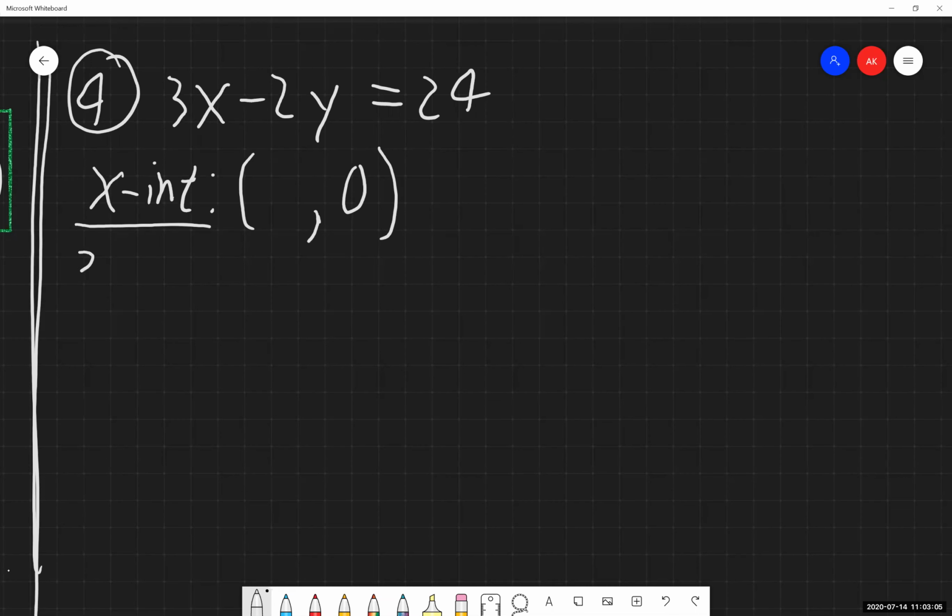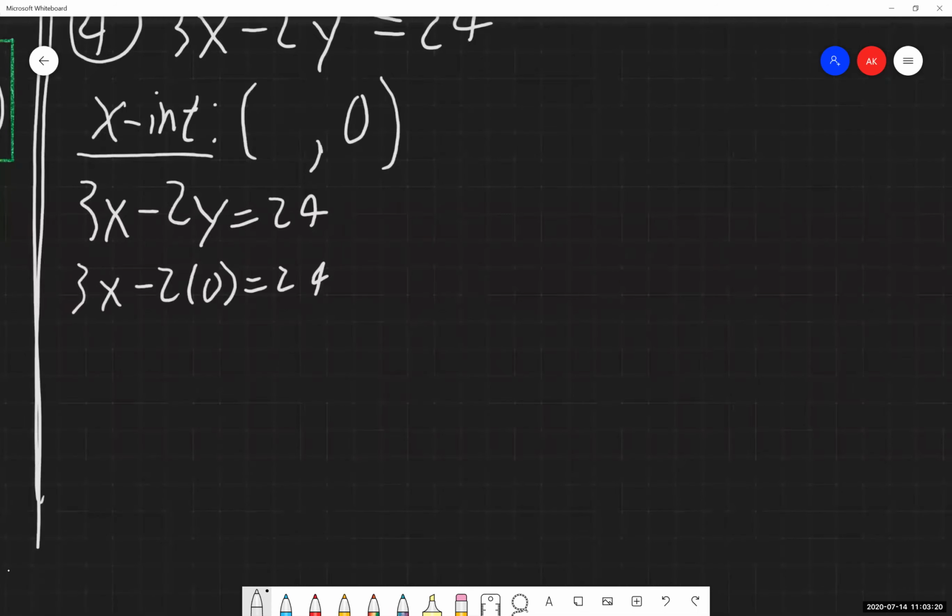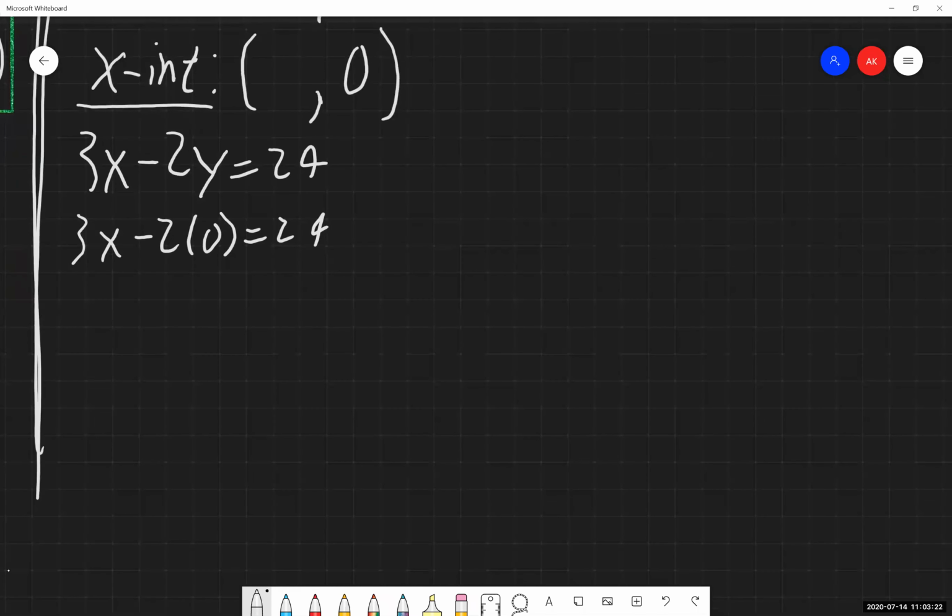So writing out my original equation, and then plugging in what I know my y value to be, 0. And now I'm solving for x. So I have 3x equals 24. 2 times 0 is just going to be 0.